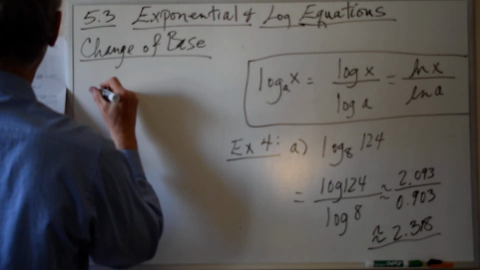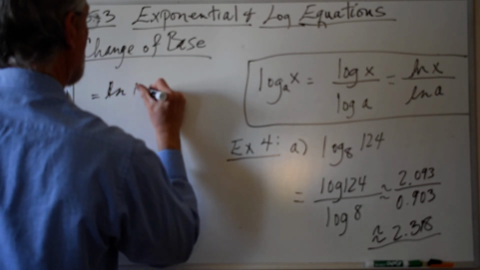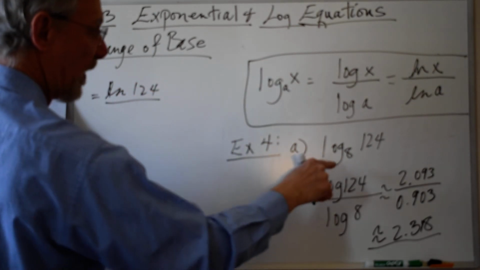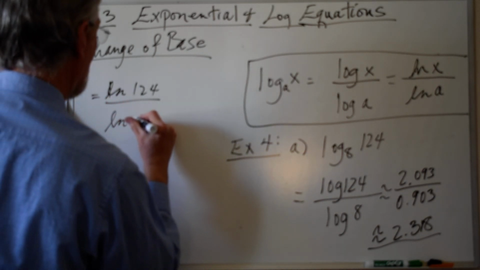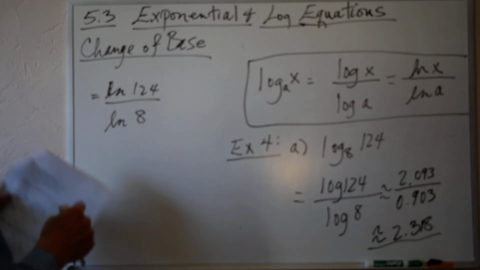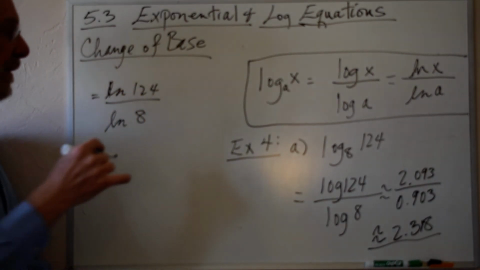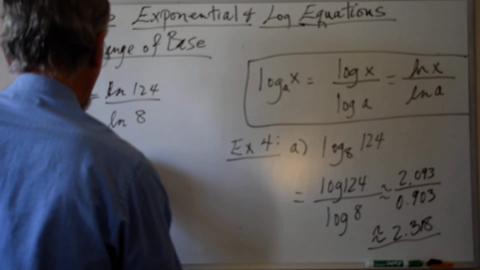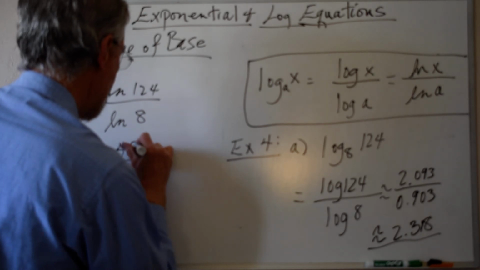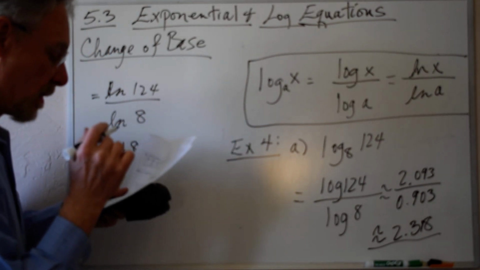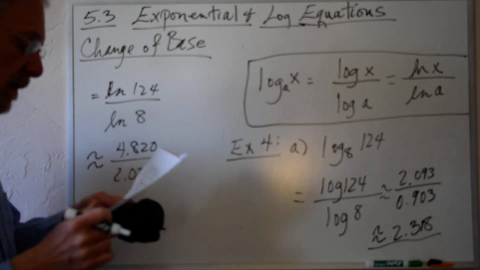In which case, what I started off with, log of 124 base 8, could be written as natural log of 124 over natural log of 8, which is approximately equal to 4.820 divided by 2.079.